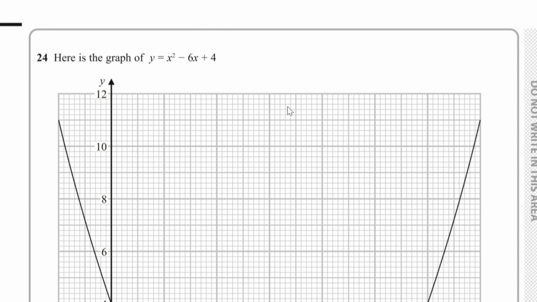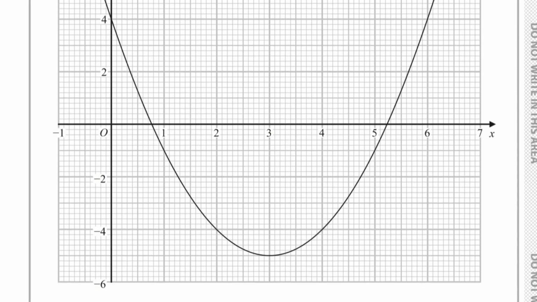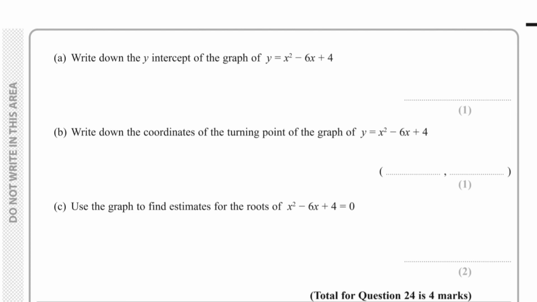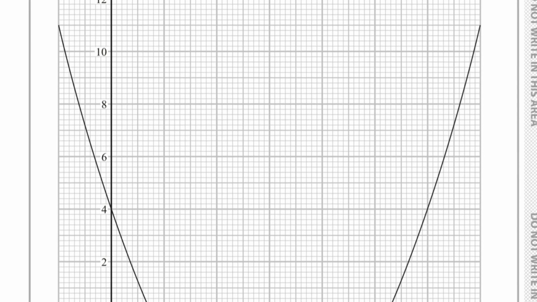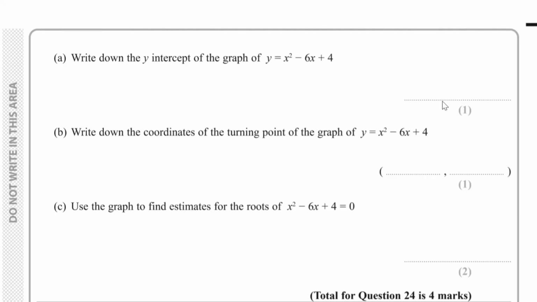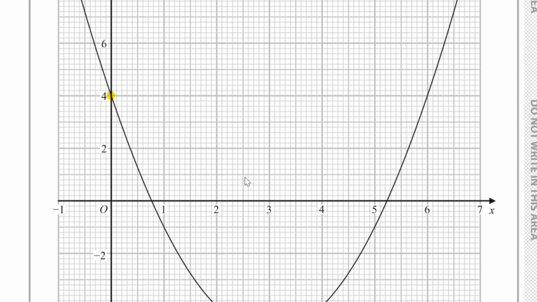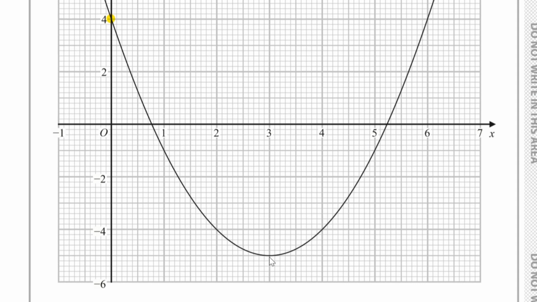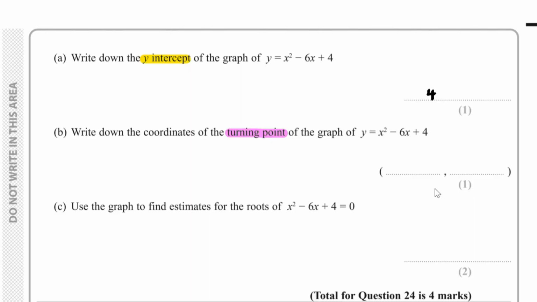Question number 24. Here is the graph of y equals x squared, subtract 6x plus 4. For part A, we have to write down the y-intercept. Well, the y-intercept is where the graph crosses the y-axis, that's over here, so the y-intercept is quite simply 4. Then for part B, we have to write down the coordinates of the turning point. Well, if we go to our graph, the turning point is where the graph begins to turn, that's over here. We've got coordinates 3, minus 5.